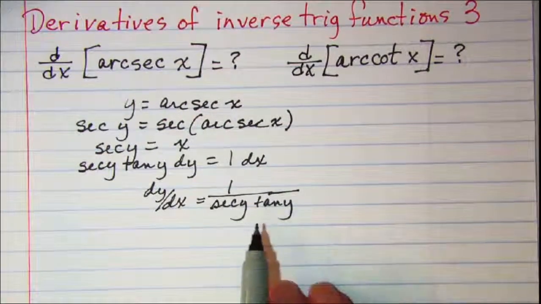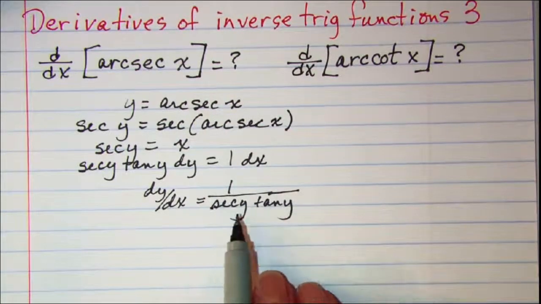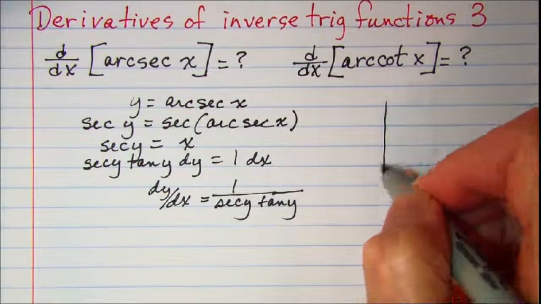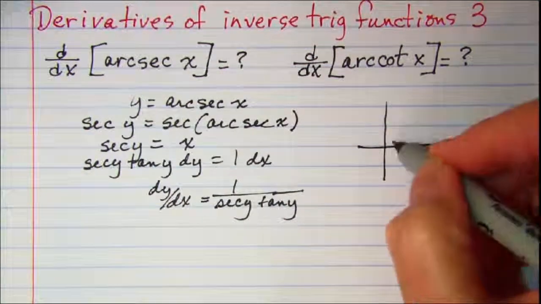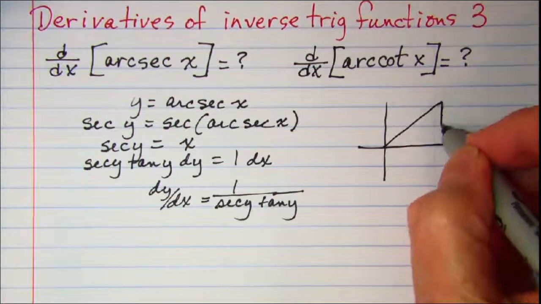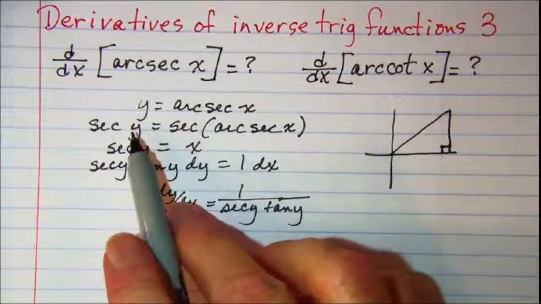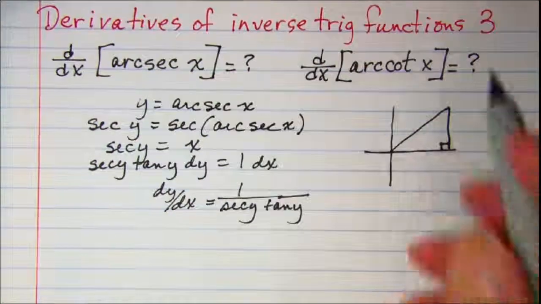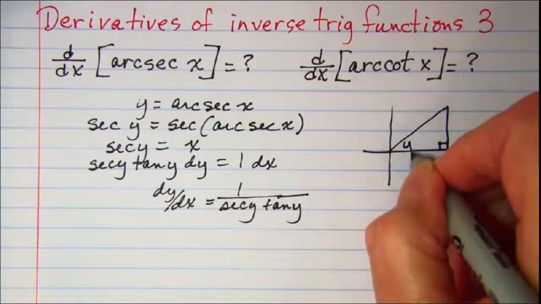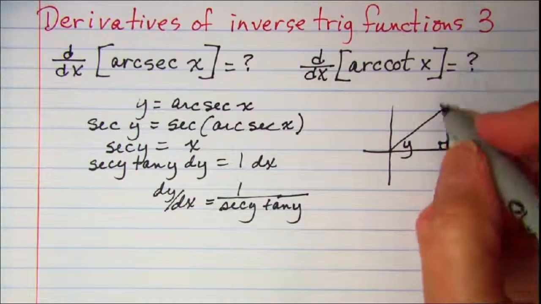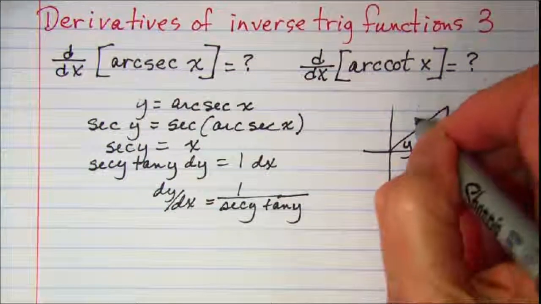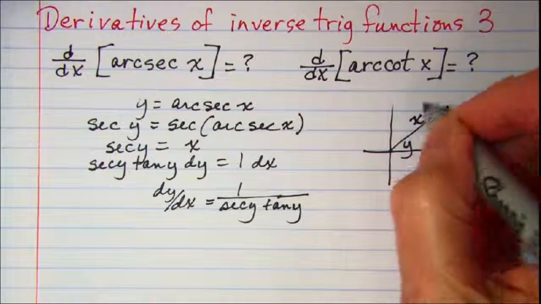Now we need to write this expression in terms of x, so let's draw our reference triangle. And we're told that y is the angle whose secant is x. So y is my angle, and the secant is x means that the side adjacent is 1 and the hypotenuse is x.